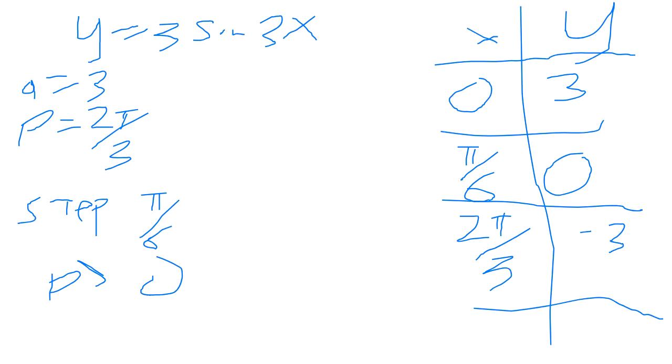Now, on the calculator, first of all, because we are working in radians, make sure that your calculator is in radians. Exactly. Then you press mode, then you press table. Then you see f of x.